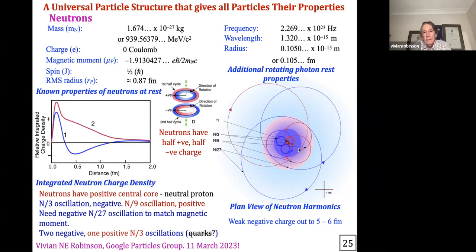It then goes negative, and for the same reason that the proton had two positive and one negative, the neutron, because this oscillation is negative, will have two negative and one positive. It then goes positive, which are these P/3 oscillation, P/9 oscillations, which are the same as a proton. But in order to match this very high magnetic moment, you need the N/27 oscillations.